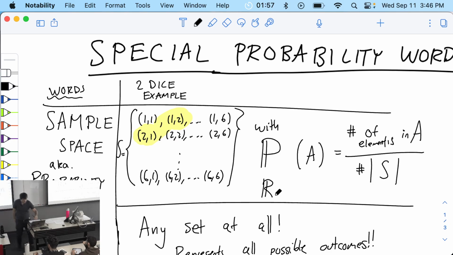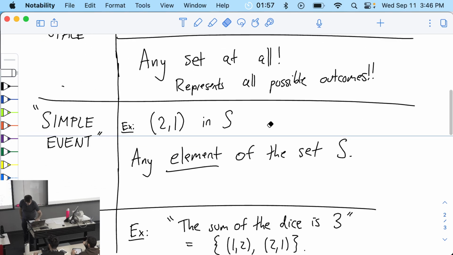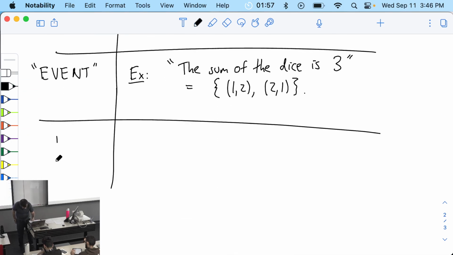Maybe let's add it to the list. This is a great thing. So event, okay. And we have P, this funny symbol P. This is the probability function. And let's do an example. Let's give this sum of dice is 3. Let's call that S3 for sum is 3.